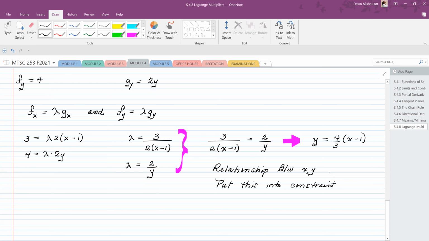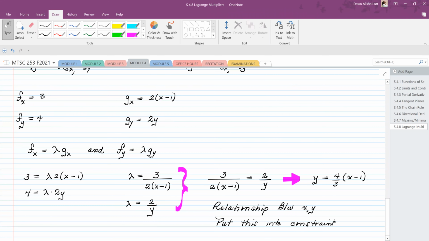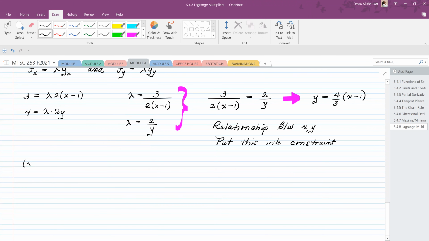My constraint, if you remember, was x minus 1 squared plus y squared is 25.